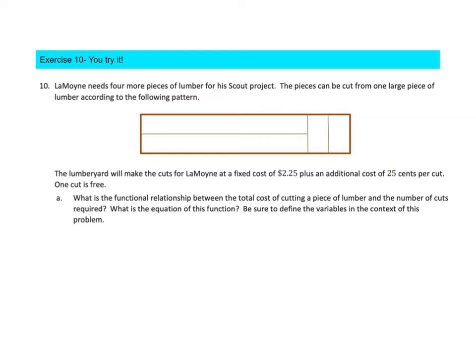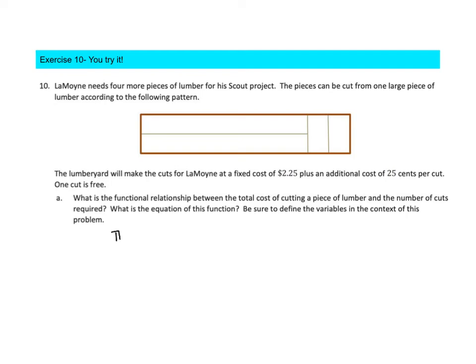Okay. What is the functional relationship between the total cost of cutting a piece of lumber and the number of cuts required? What is the equation of this function? All right. So what you're going to do right here is define the variables. I'm going to help you out just a little bit.